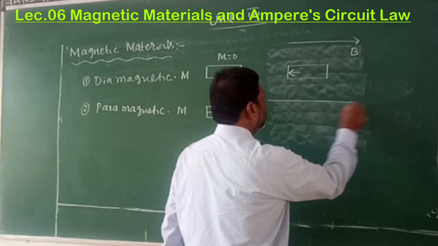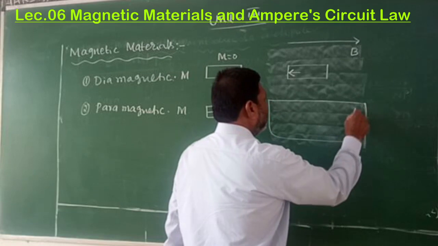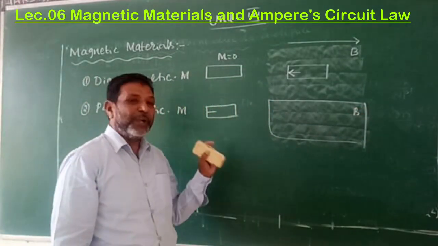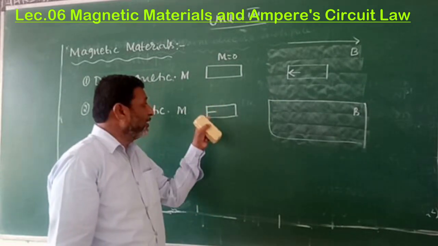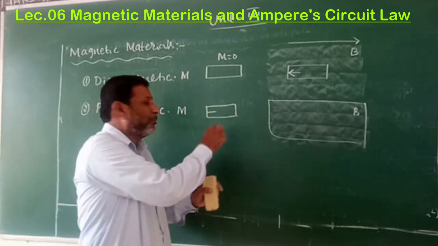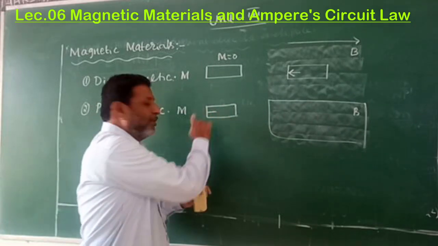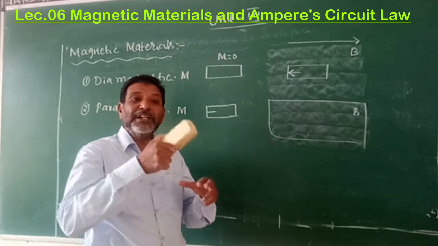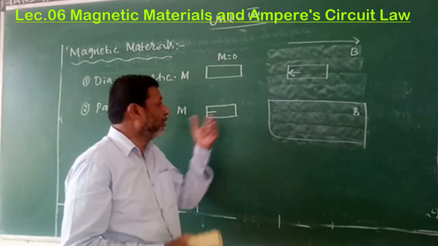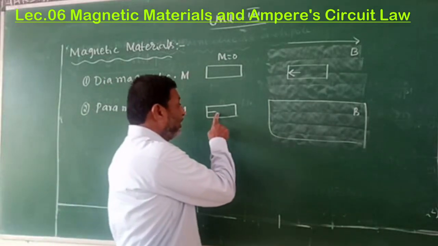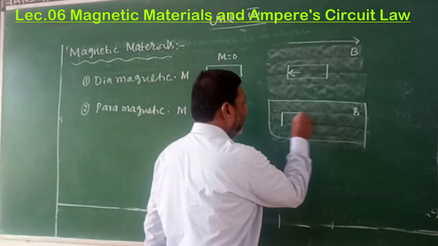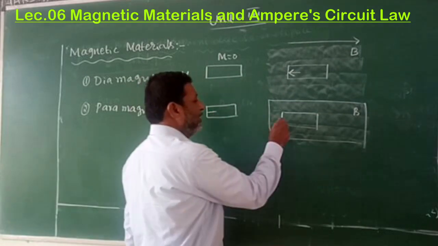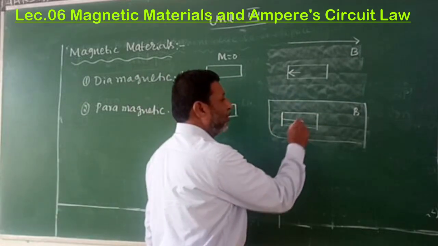Now this magnetic moment is in random directions before placing into the magnetic field. No doubt the magnetic moment is there, but it is in a random direction. Then when such a material is placed into the magnetic field, this magnetic moment aligns in the direction of the applied field.